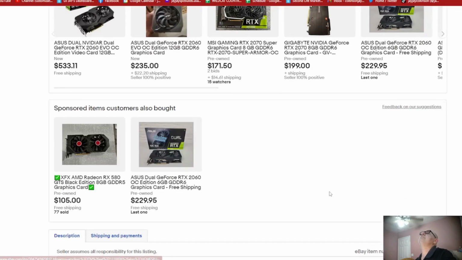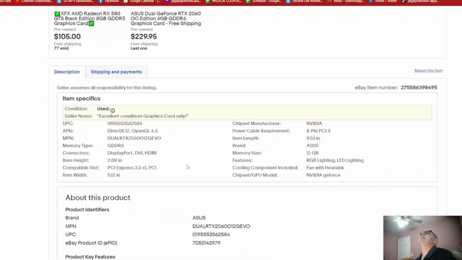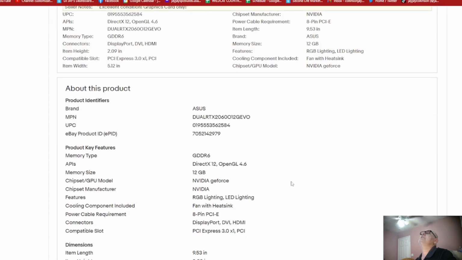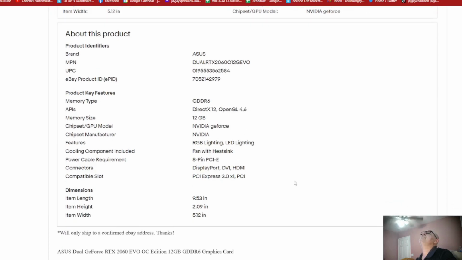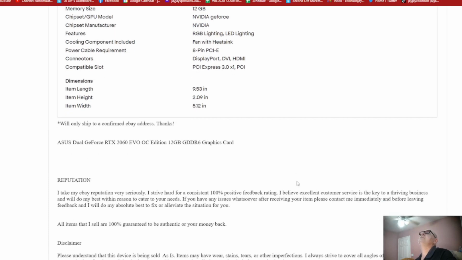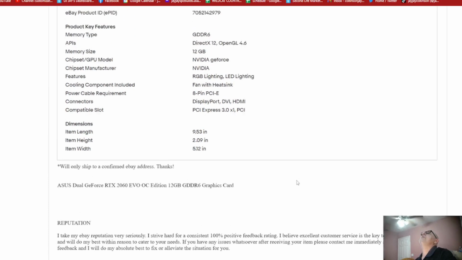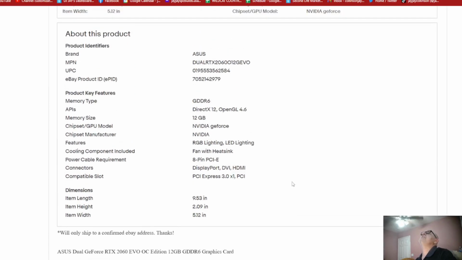It looks like it's good. It'll definitely work in the computer I have. I know it's PCIe 3.0.